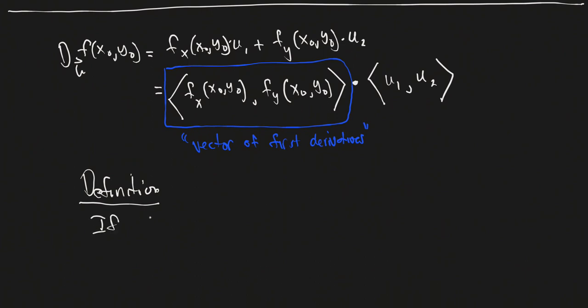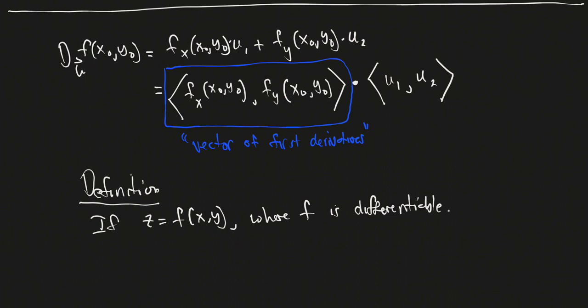So if z equals f of x, y, where f is differentiable, and again, let's just state that differentiable is just saying that we have continuous first partial derivatives. So these first partial derivatives are nice and continuous.